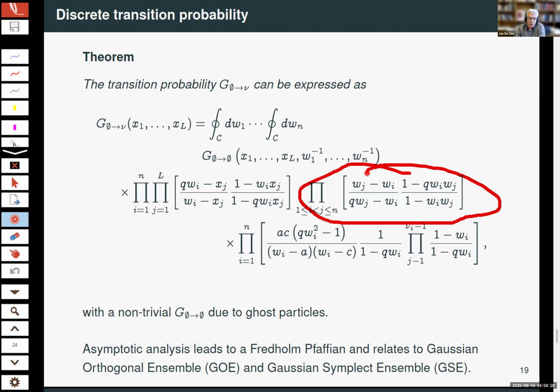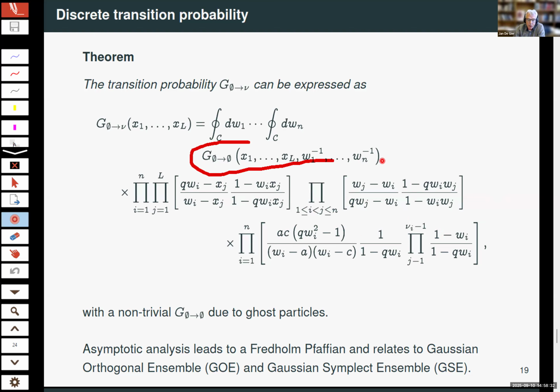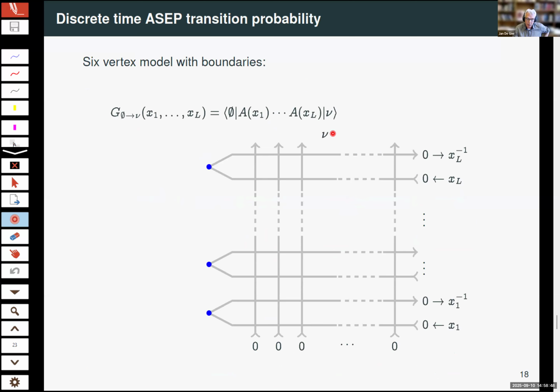So this is the Bethe wave function times a boundary factor. Scattering factors at the boundary, and then some factor that I call G00, and this is the sort of non-trivial pseudo vacuum because we can have ghost particles in this system, and so there's a non-trivial empty to empty probability. So let's go here.